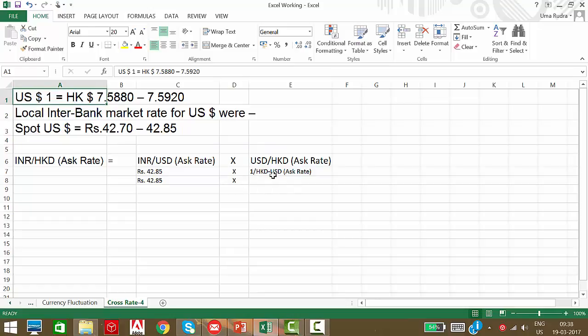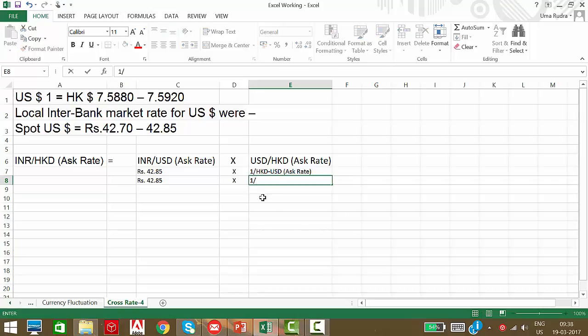So now in order to get this ask rate, I have to do 1 by this bid rate. So it is 1 by 7.5880. If I do the inverse of the bid rate, I will get the USD per HKD ask rate.